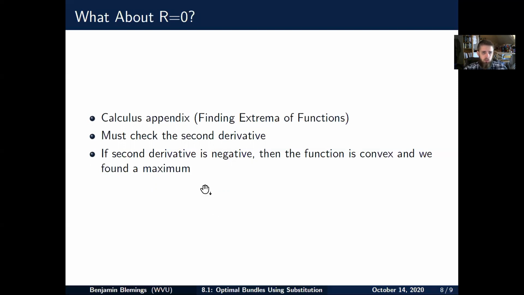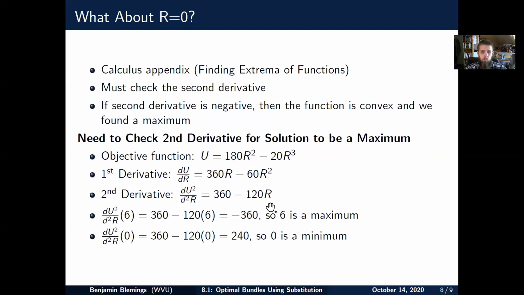If the second derivative is negative, then we have found a maximum. So we want to plug our answer into the second derivative of the utility function and see that the number is negative, which means we have a maximum. So we check the second derivative for the solution to be a maximum.